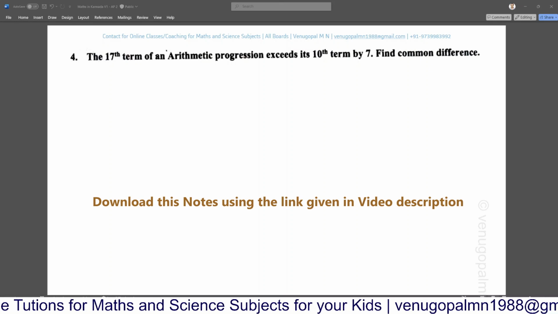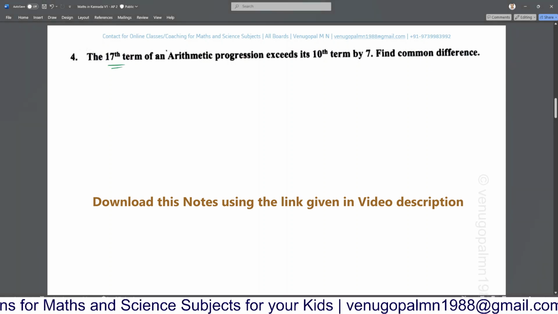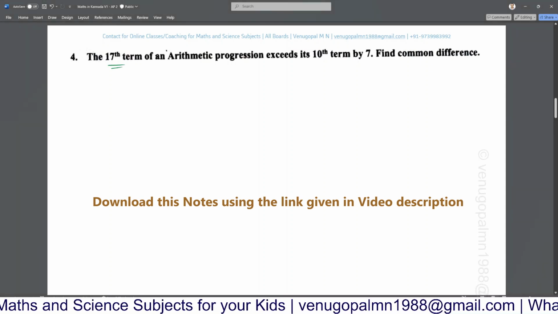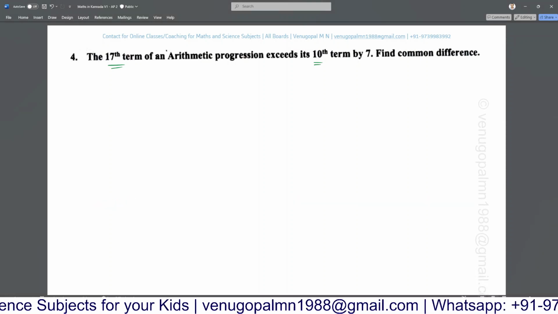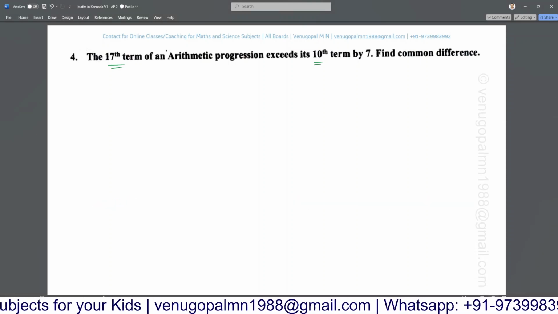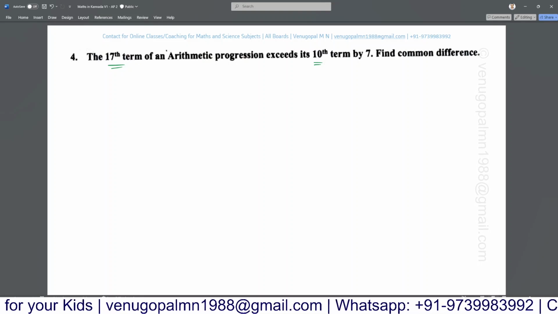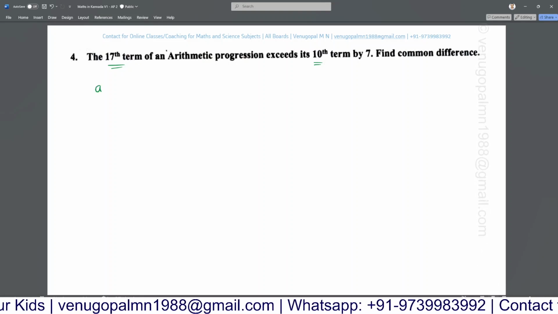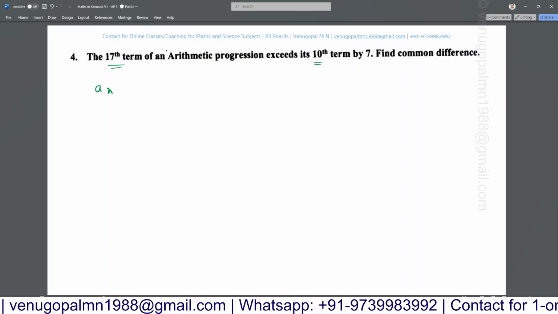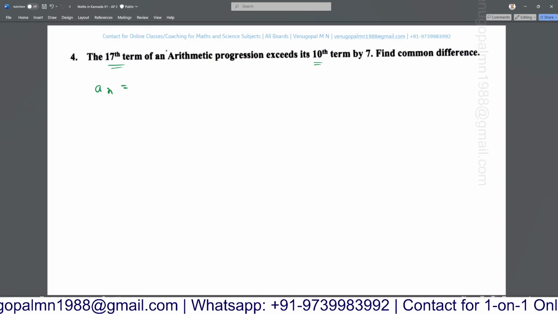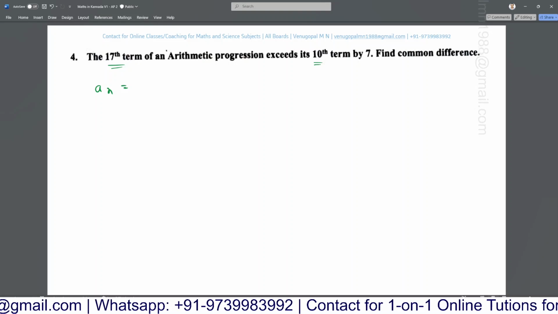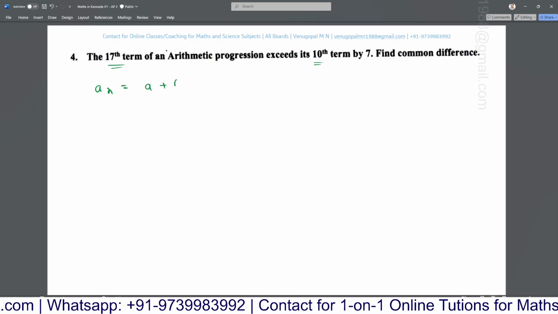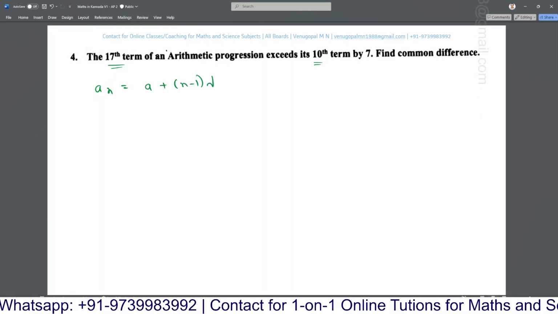What they are saying here is that the 17th term of an arithmetic progression exceeds its 10th term by 7. We are aware that as per the rule, the nth term of a given AP is A of n is equal to A plus n minus 1 into D, correct?